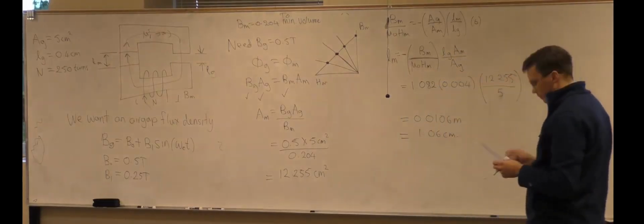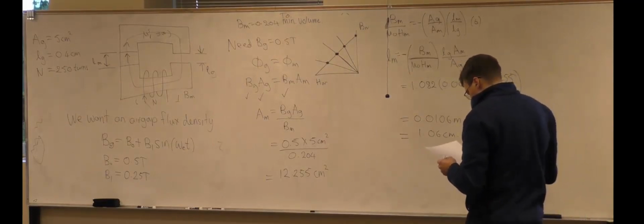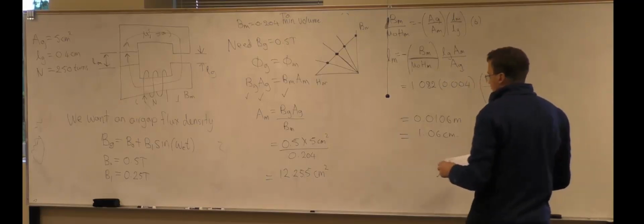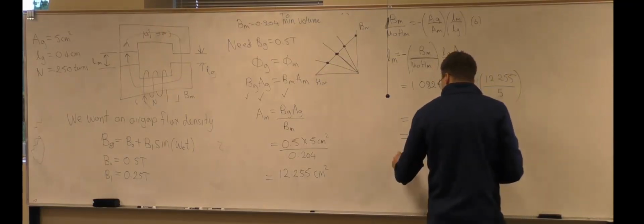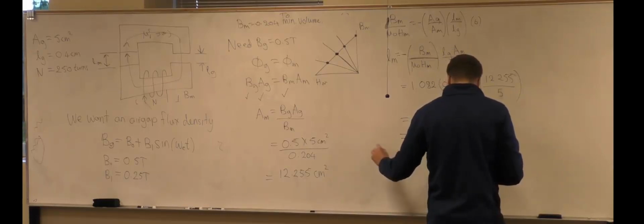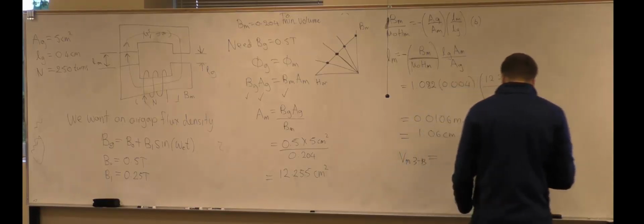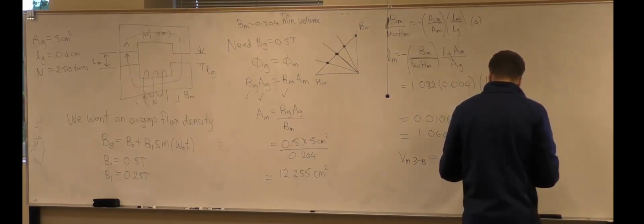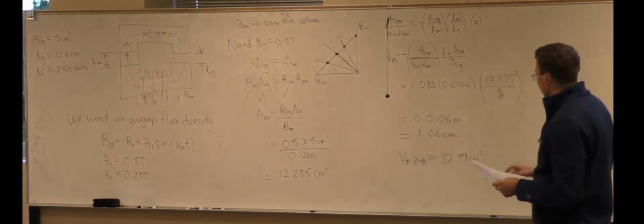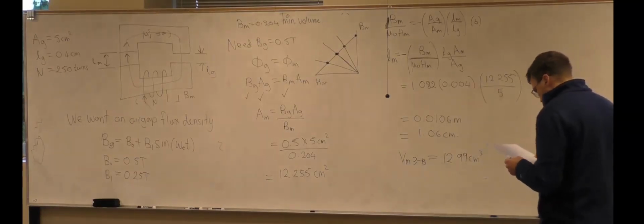So that's the length of the magnet. Okay. And so the volume then is the multiplication of the area and the length, and that gives the volume of the magnet. This is for the 3B, equal to 12.99 centimeters cubed.